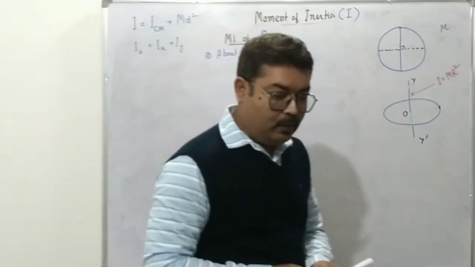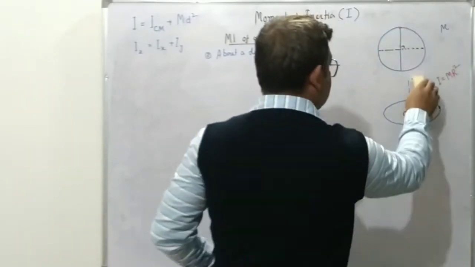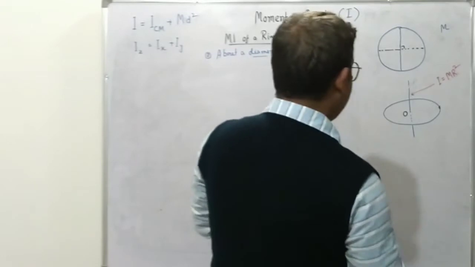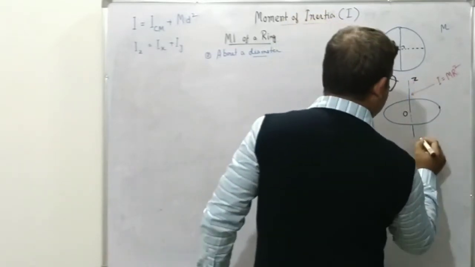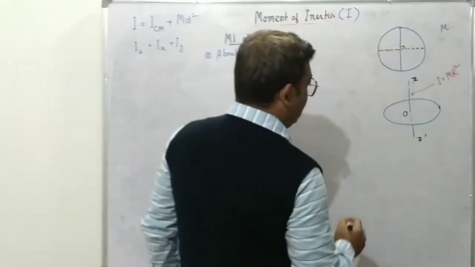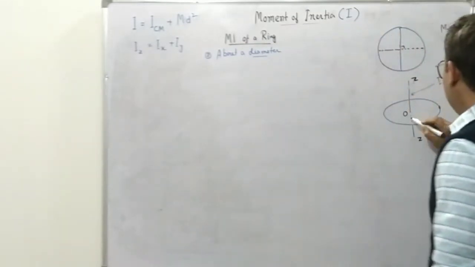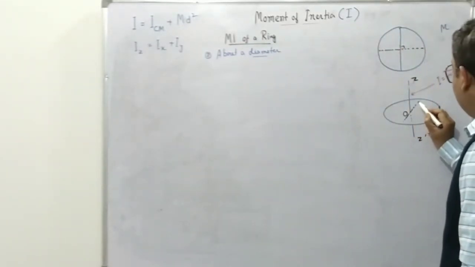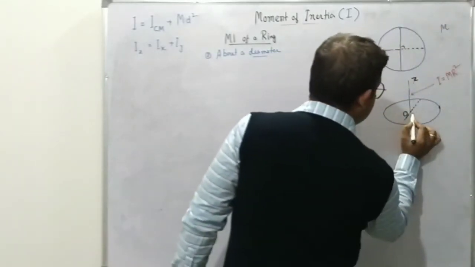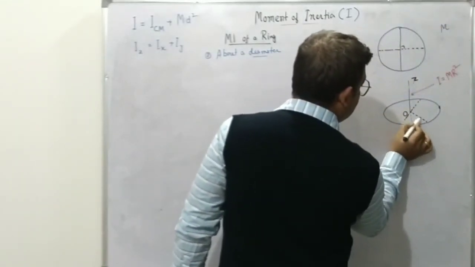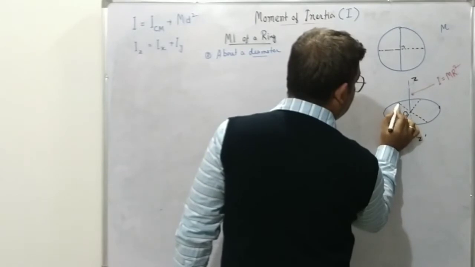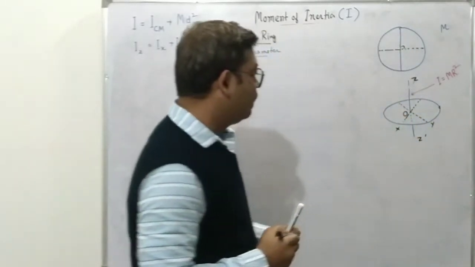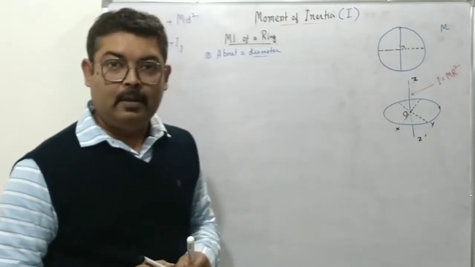So now we represent the perpendicular axis as the z axis. So if I say this is the z axis, then we will have two axes like this, and like this. This will be the x axis and this will be the y axis, right?